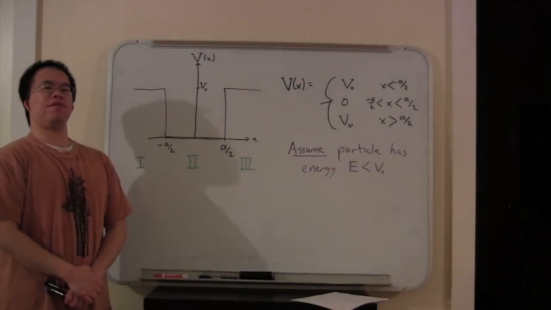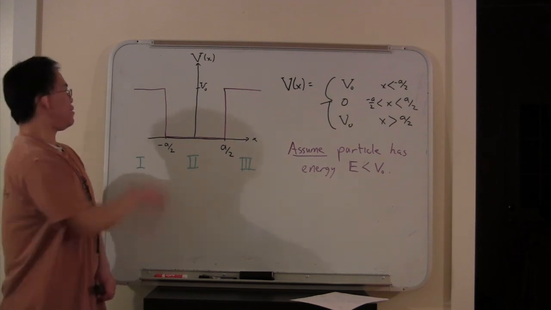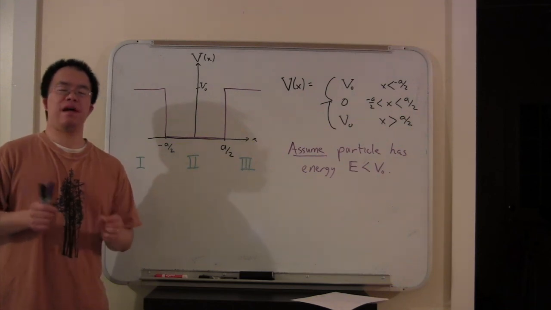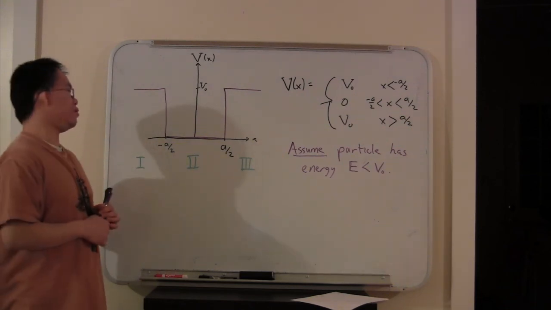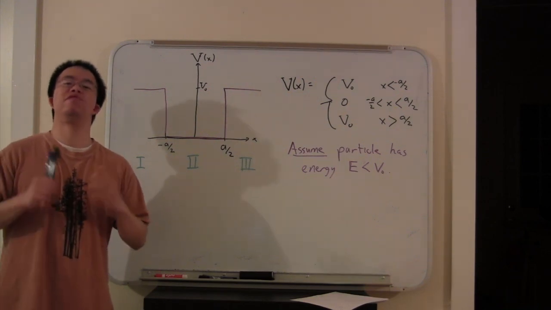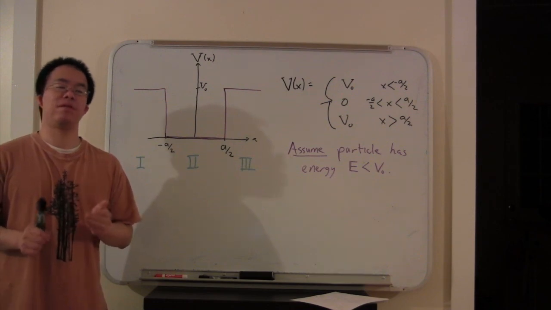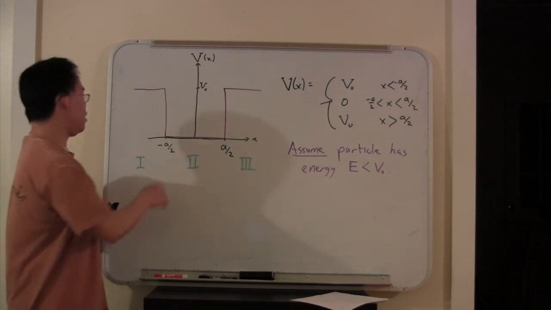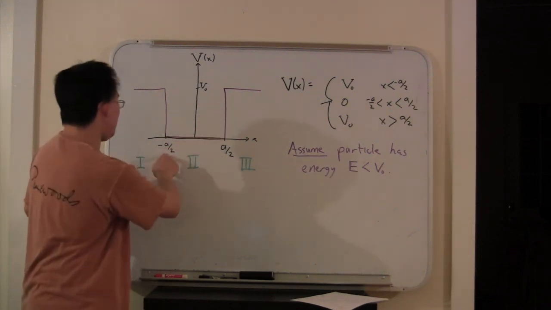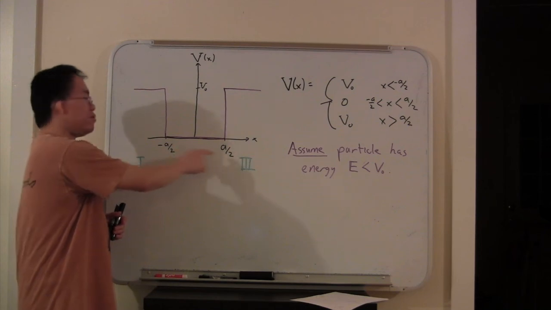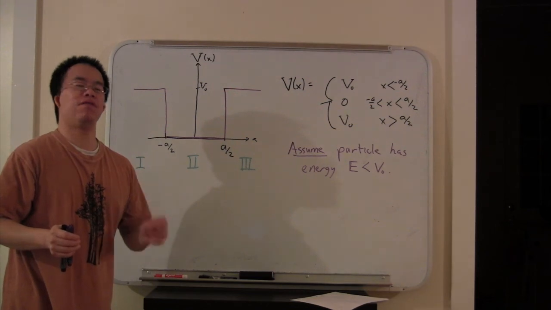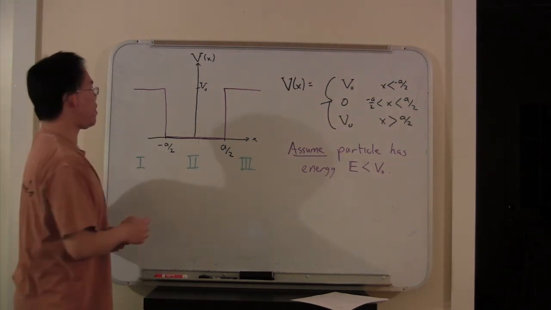So here's the setup for the finite potential well. Here's a picture. We're going to consider a well of width little a. I'm following Townsend's notation here. It turns out to make the math a lot simpler if we choose the well to be symmetric about the origin, so that's what we're going to do. In the center of the well, between x equals minus a over 2 and a over 2, the potential energy is 0, just like we saw for the infinite square well.